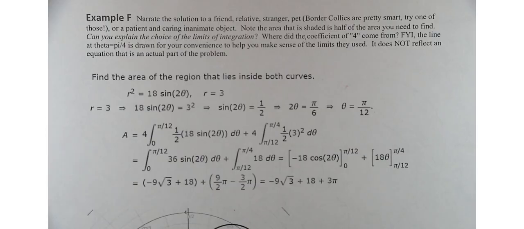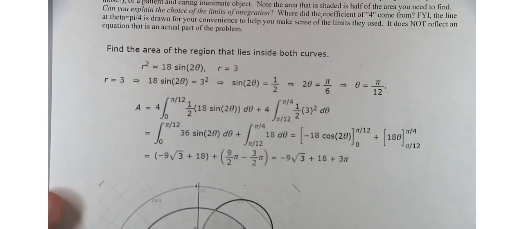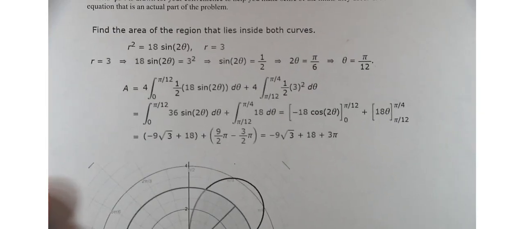You're asked to find the area inside of these two curves. One of the things you're going to need to figure out is where these curves intersect each other. That's something we're going to spend some time on with example G.